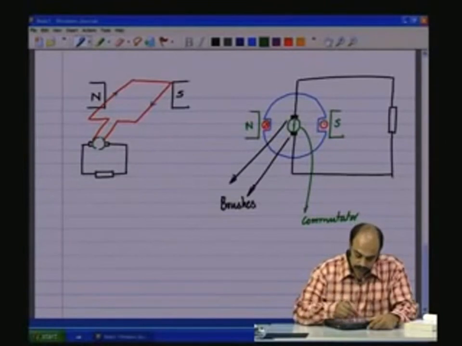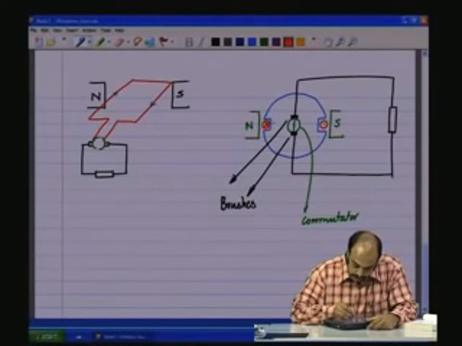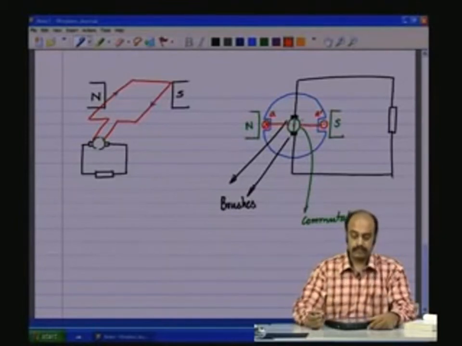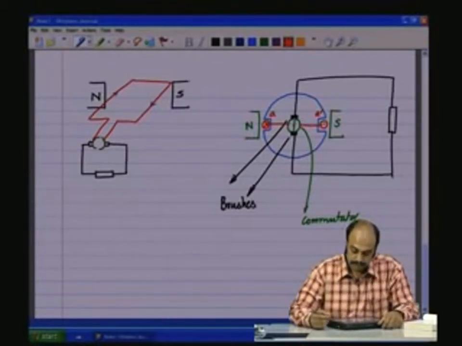Now, this winding end, let us say, is A, and this coil end, which is A dash, will be connected here and this will be connected here. So, this would be how a 2D picture of a DC machine will look.